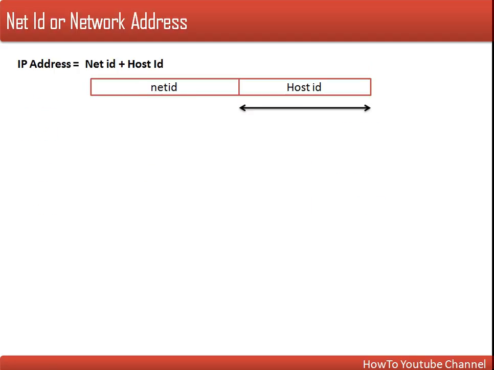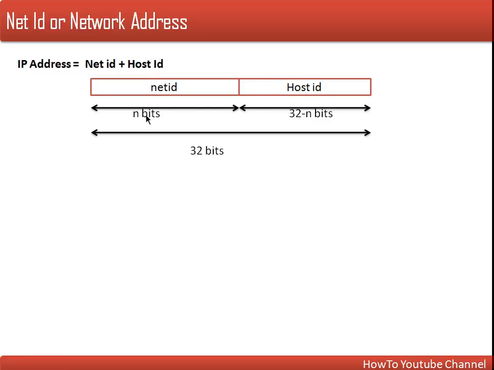Now every IP address actually has two pieces of information. First one is network ID, second one is host ID. What is network ID? We will see that in a later slide. So our 32 bits are divided into network ID and host ID. So we use some bits to represent network ID, and the remaining bits are host ID.